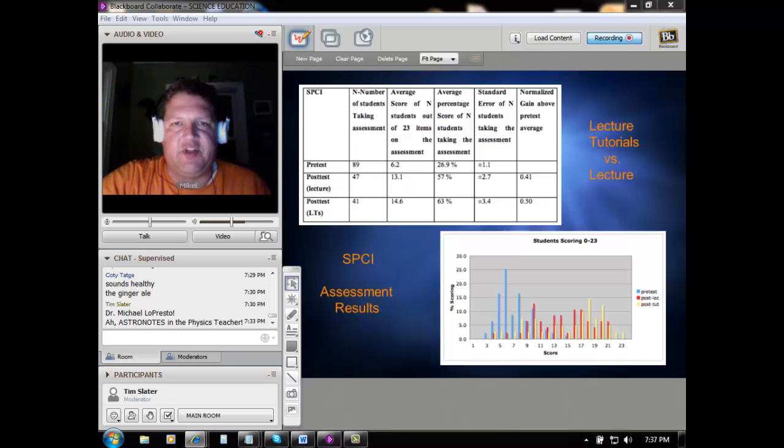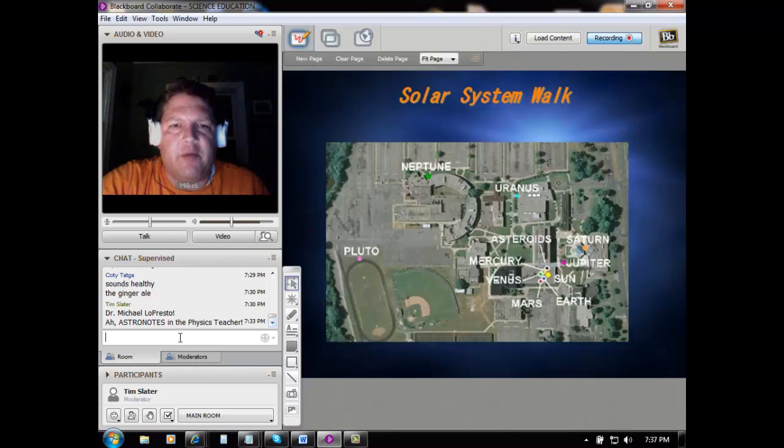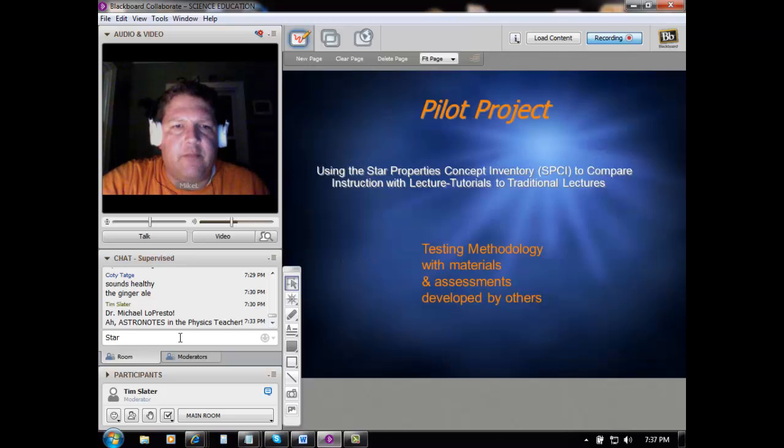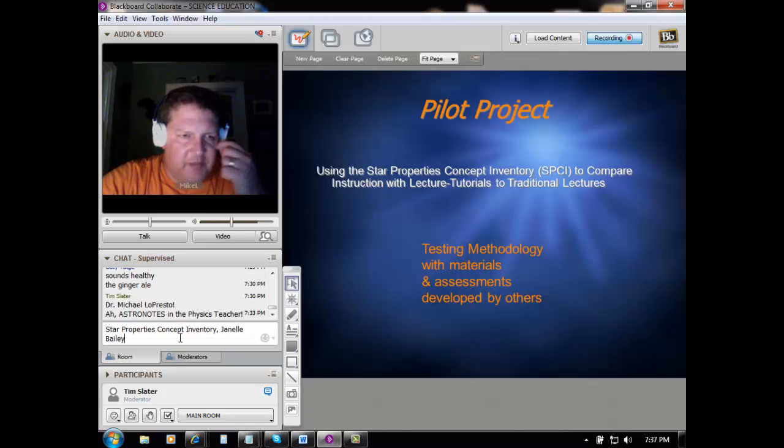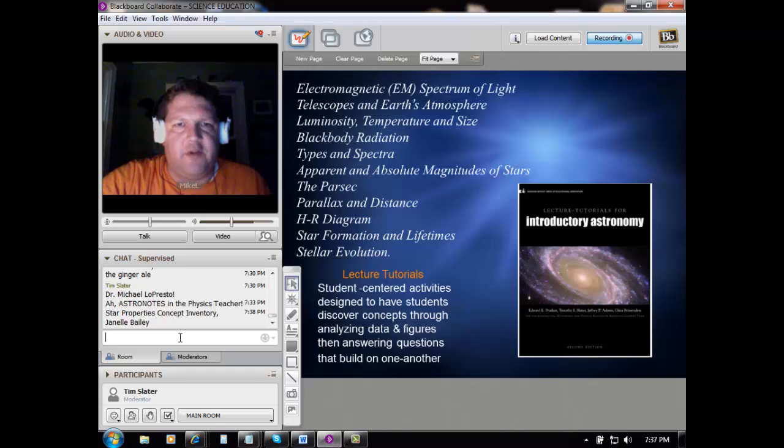What we assessed them with was Janelle Bailey's assessment instrument, the STAR Properties Concept Inventory, and that was Janelle Bailey's thesis project. Tim, if I'm not mistaken, you were involved in that too, possibly even as her advisor when she was at Arizona.